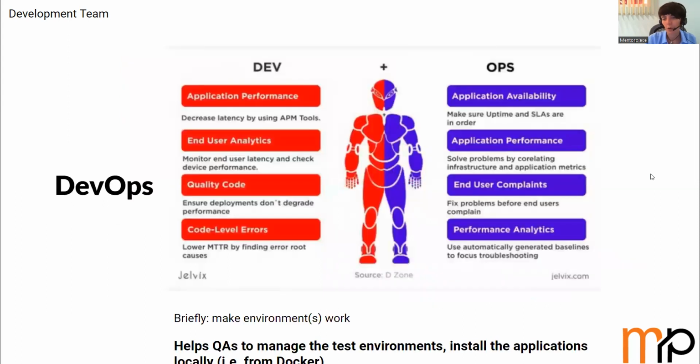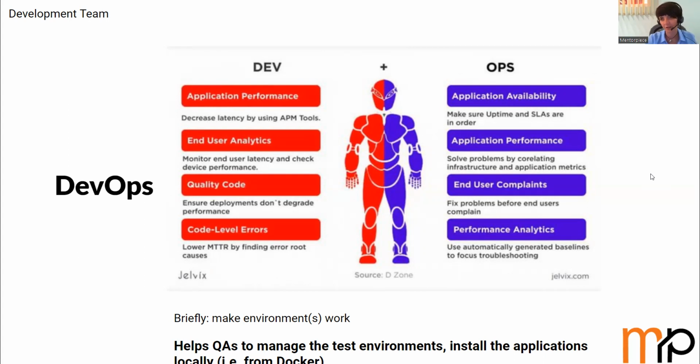What else? DevOps. This is the newest specialization, I think. Maybe the newest is desktops, but okay, one of the newest specializations in IT. This is the hybrid of developers and operators. Developers are responsible for application performance and user analytics, quality code levelers.